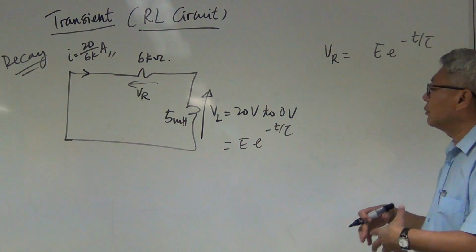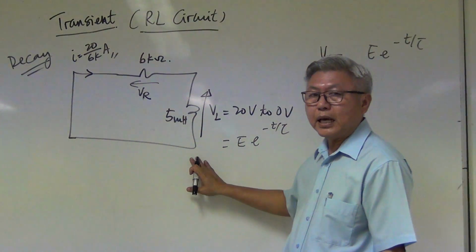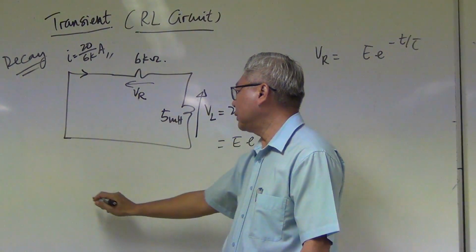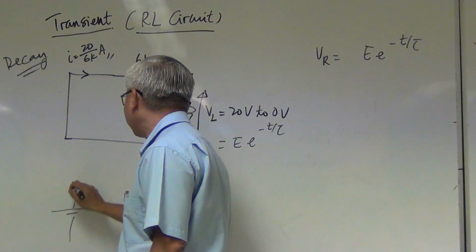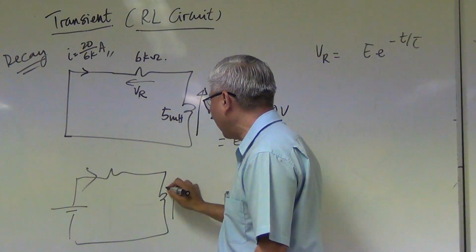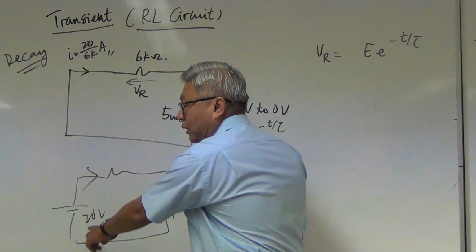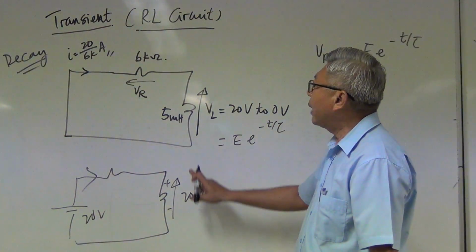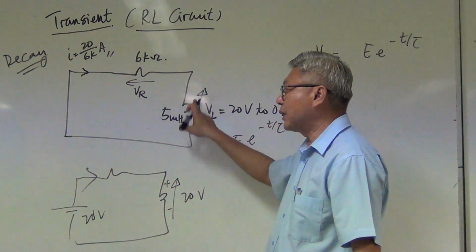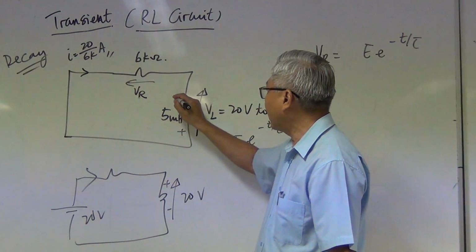Now let's talk about the voltage VL here. Just now, in my original circuit with that resistor, the current was flowing like that, and the VL was like this, right? So you have 20 volt. But in order to maintain the current to flow in the same direction, the battery generated must be of this polarity, right?